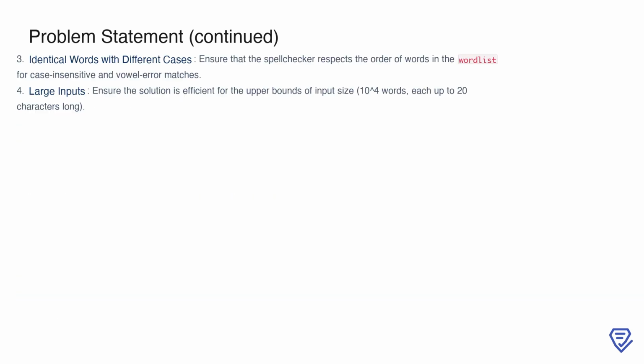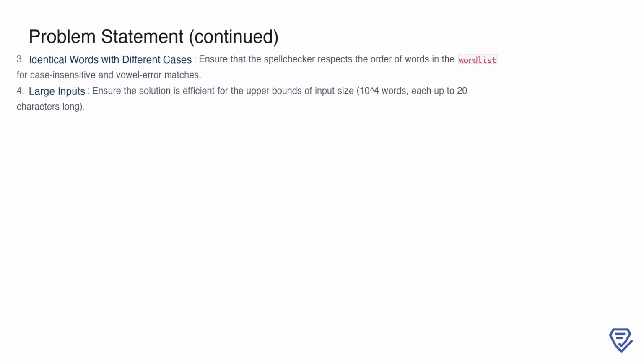Now, let's consider some additional constraints and edge cases. The words in both the word list and queries are composed only of English letters, and their lengths range between 1 and 20 characters. The size of the word list and queries is at most 10,000, meaning that our solution must be efficient to handle these upper bounds. Edge cases to keep in mind include scenarios where the queries list is empty, in which case the output should simply be an empty list.